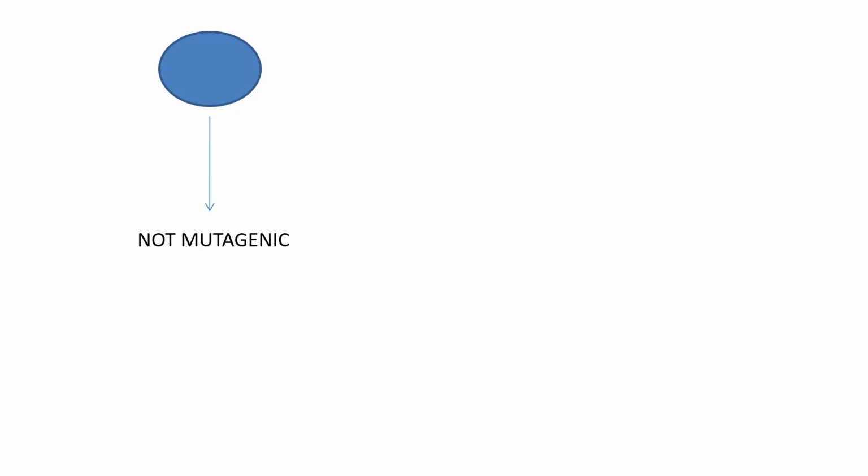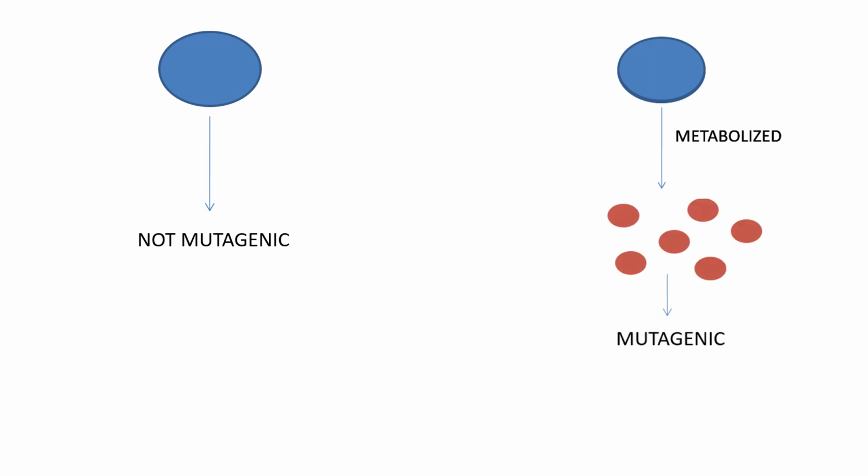But consider the same compound after getting metabolized in your body. Assume that this compound was in a food product and that food product you've consumed. After consumption, the compound is going inside your body and it is getting metabolized into small products. Now, these metabolic products that are obtained, you are collecting and testing them for their mutagenic activity.